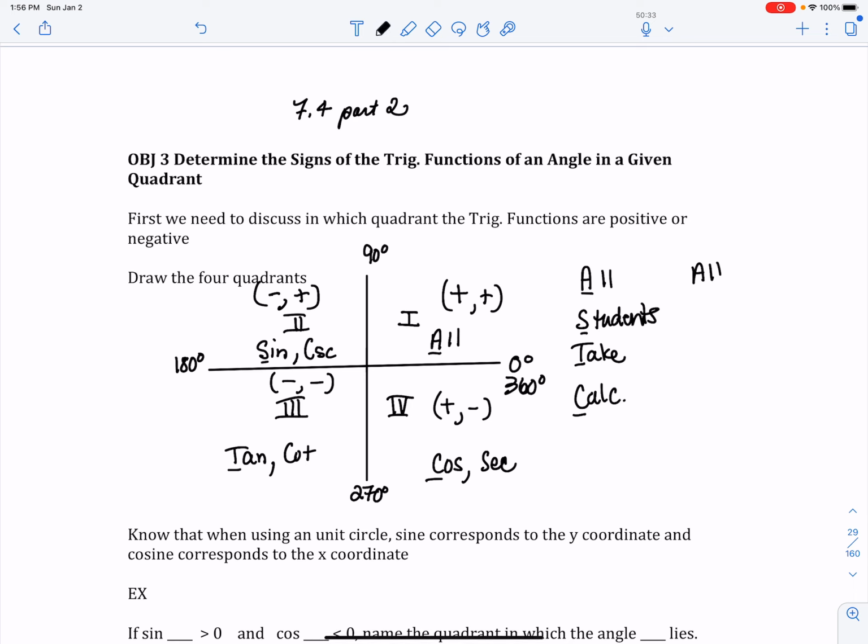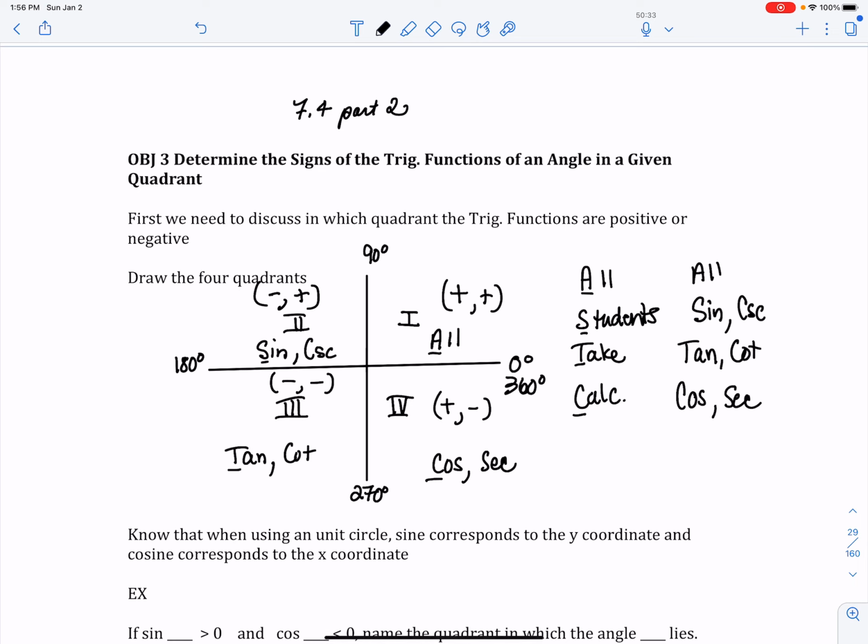In quadrant 2, students, the S stands for sine, and we would also bring over its reciprocal function. In quadrant 3, we have take, which stands for tangent, and cotangent. And in quadrant 4, we have calculus, so the C stands for cosine and secant.